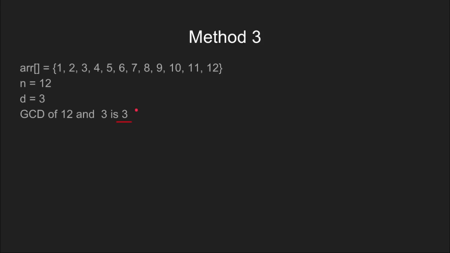Now the array has to be divided in 3 sets since the GCD is 3. So our 3 sets become 1, 4, 7, 10, 2, 5, 8, 11 and 3, 6, 9, 12. We can see that all the elements in the 3 sets differ by 3.